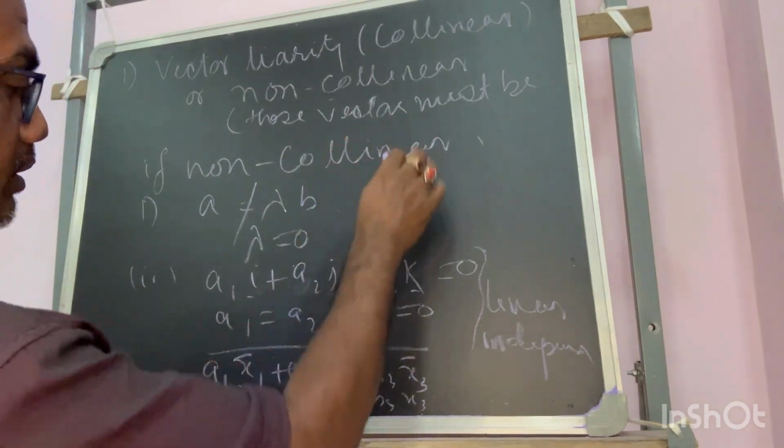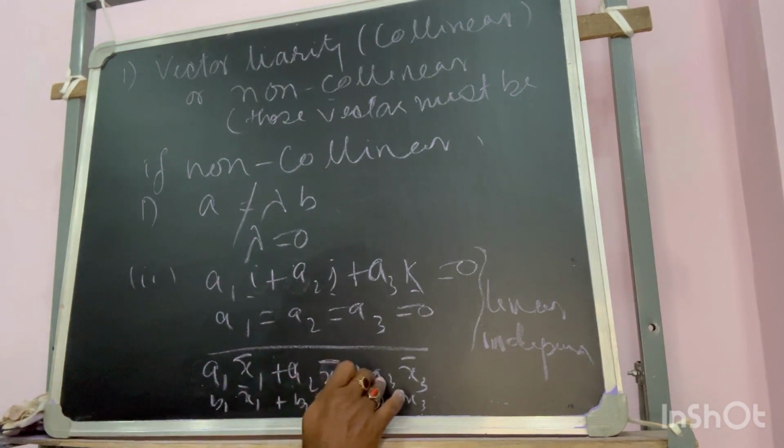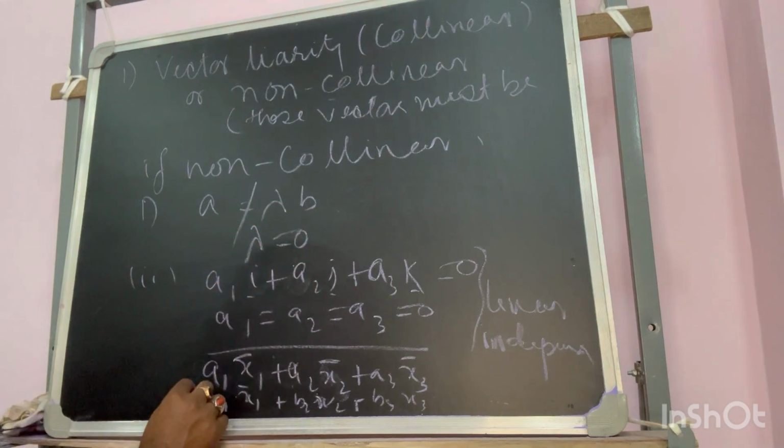Sorry, if it is collinear, the linear dependency is that the individual coefficients do not have to be 0. Now if this cannot be presented, so this is multiplied.